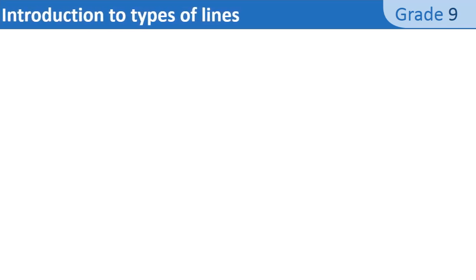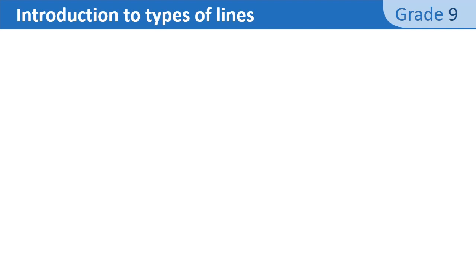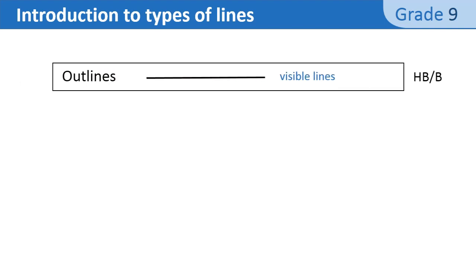Before starting drawing, we must know the different line types we use in technical drawing. They are very important for designers, industrial engineers, architects, and other technical people. The thickest line is the outline. We use it for visible outlines or edges.